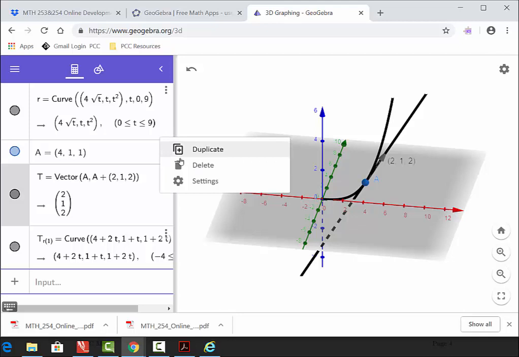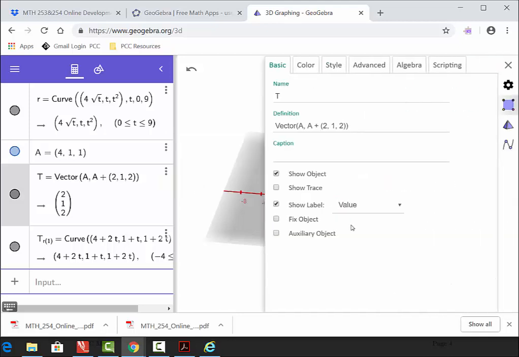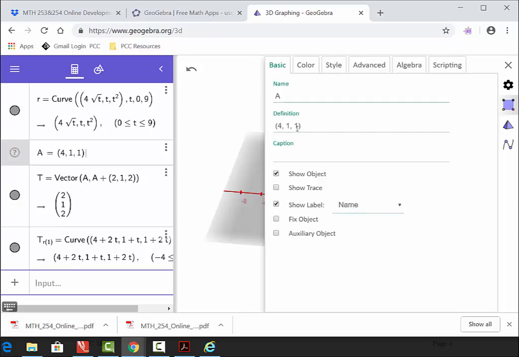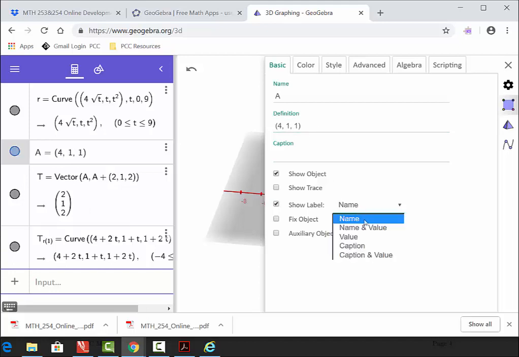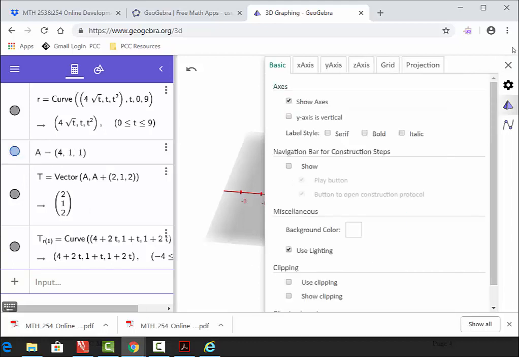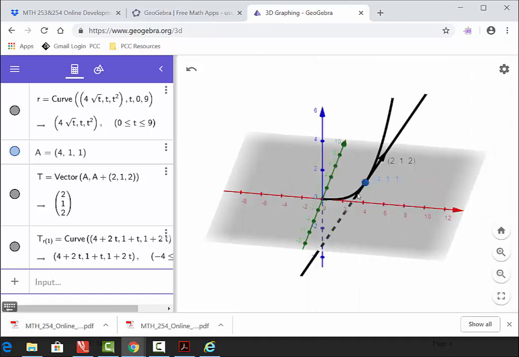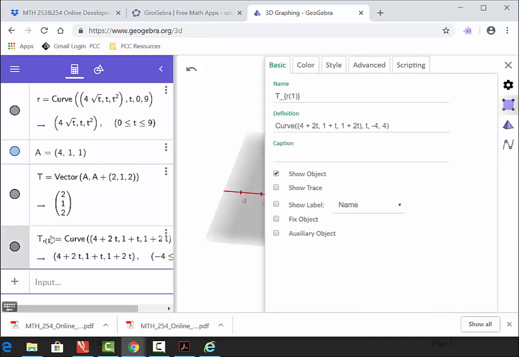I can do something similar, click settings, let's show its value. Oh, I want a here, okay. So it was still on the t vector here, so I get that, and I'm going to switch that to value also. You have to exit out, you can't just click out of the screen. And then here I'll go to settings again, and I'm okay with just showing its name for this one. If you want a caption, if you're familiar with LaTeX at all, you can actually put in code.